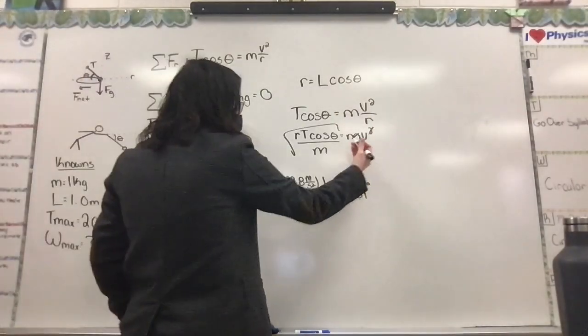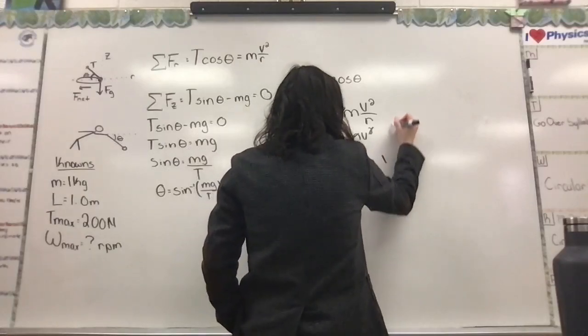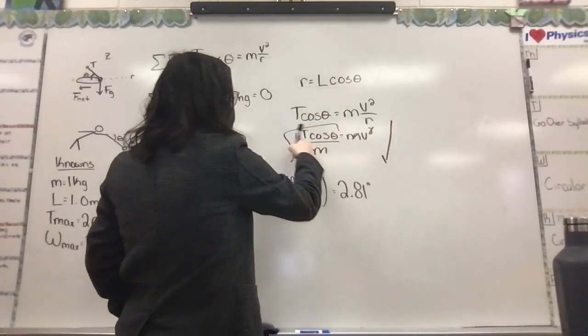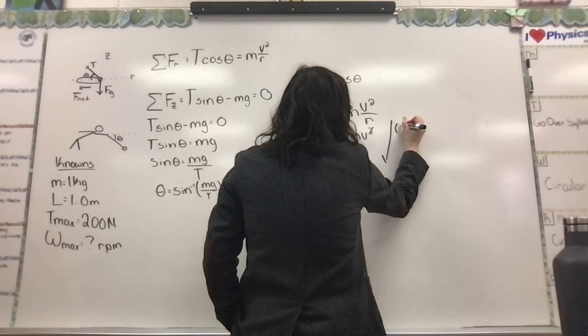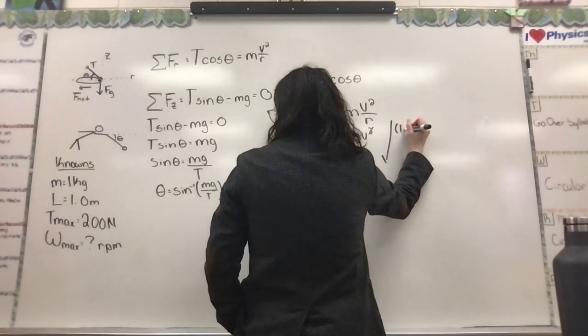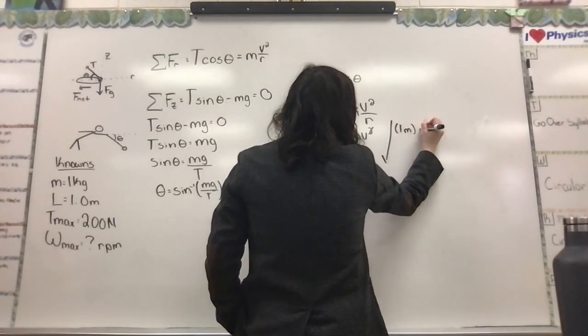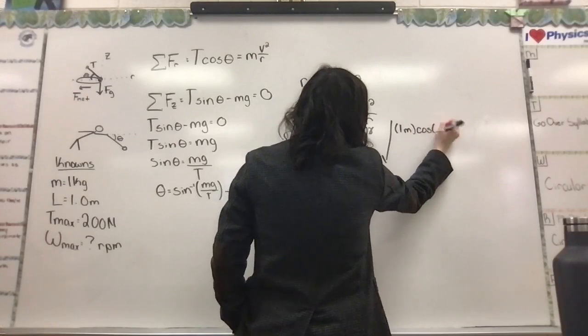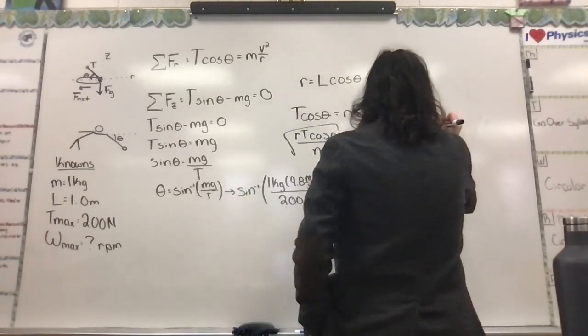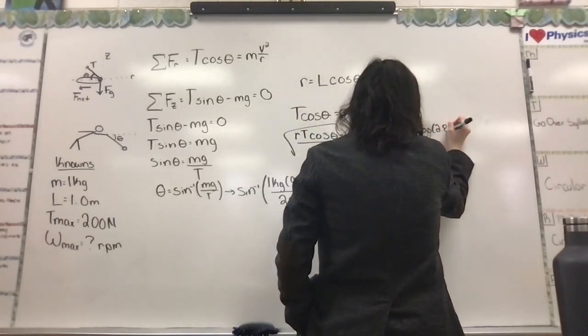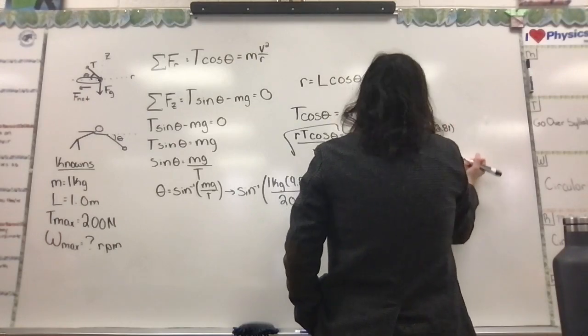Does everybody see that? That's what Ian said, okay? So now we need to plug everything in. So r, we know, is going to be 1 meter times cosine of, what's our theta? 2.81. Okay.